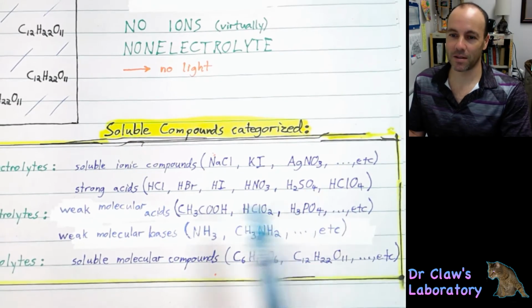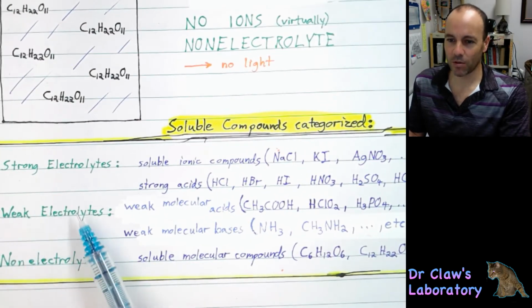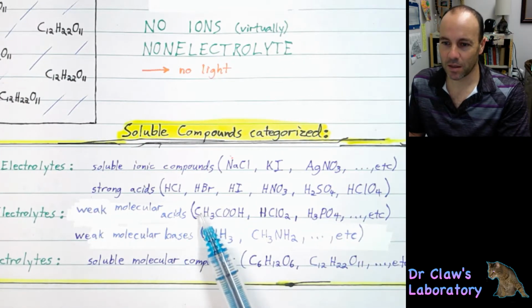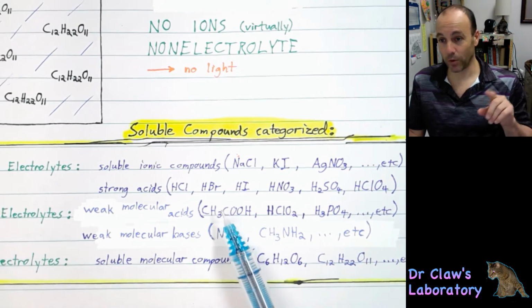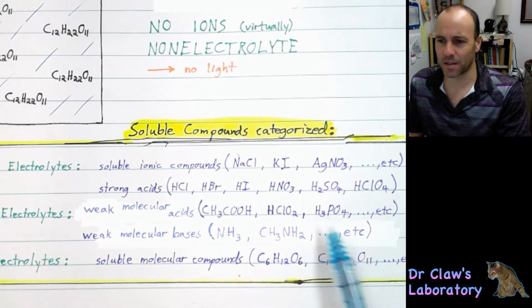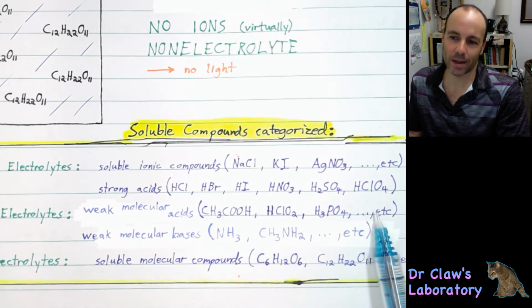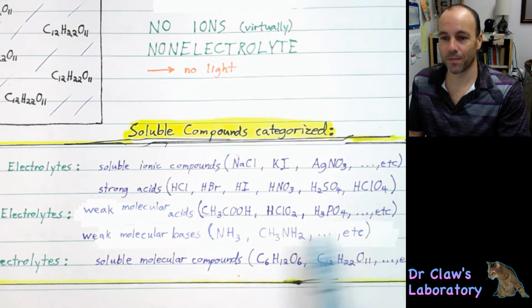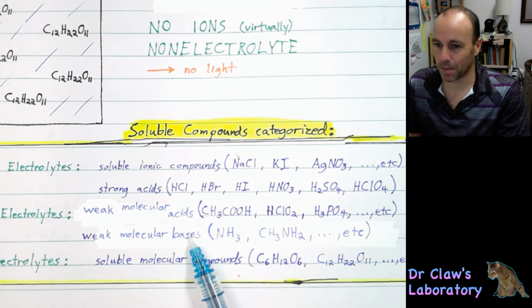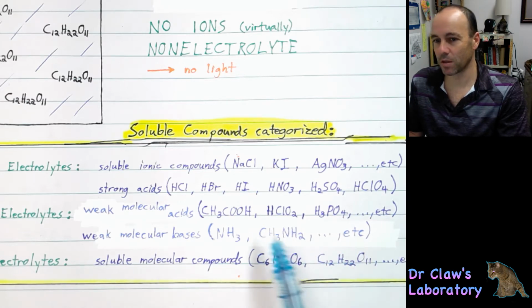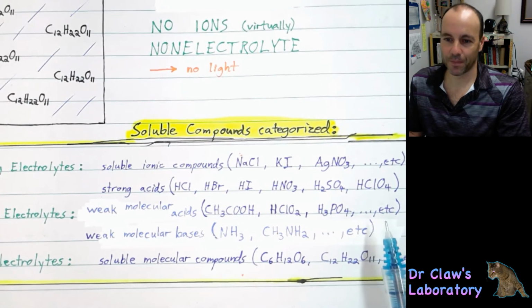Okay, lots of ions. Weak electrolytes would include weak molecular acids like acetic acid, like that hydrofluoric acid we saw, chlorous acid, phosphoric acid. Lots of other acids are weak electrolytes, and they're the ones that only partially dissociate in solution. And there are also some weak molecular bases like ammonia, methylamine, and some other ones we'll talk about some other time.